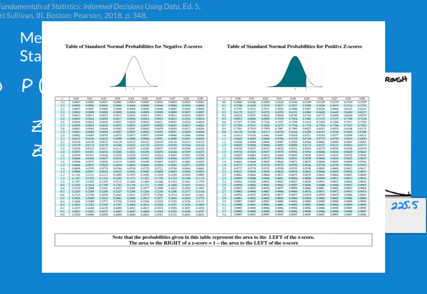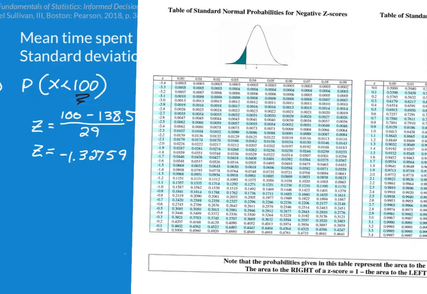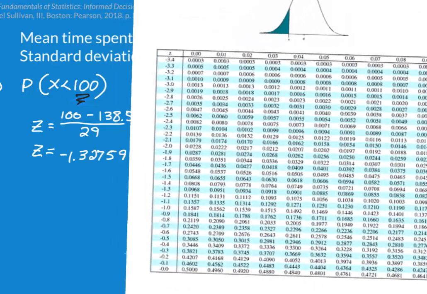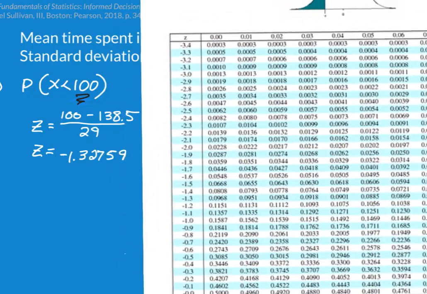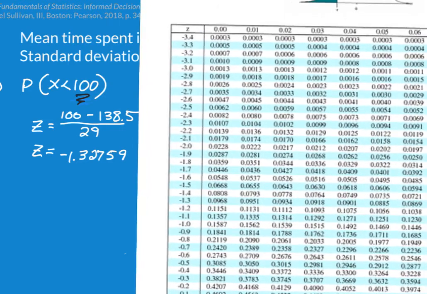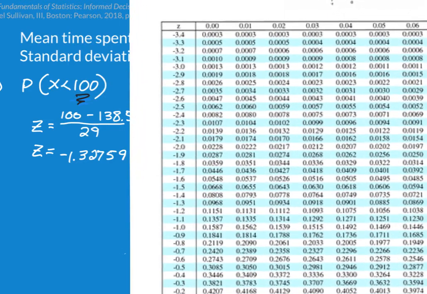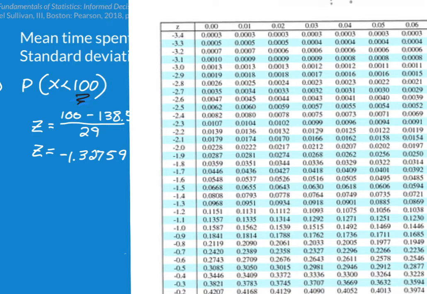Now we will need to zoom in on this a little bit. We are interested in a negative z-score, so we need to talk about how to read this table. Down the left-hand side, we have two-digit numbers, which may be a little bit blurry and difficult to read, but they are a ones digit and a tenths digit.